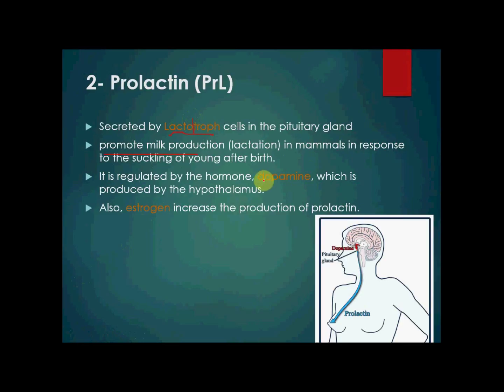This hormone is regulated by dopamine, and this is secreted by the hypothalamus. Estrogen also increases the production of prolactin. Estrogen also promotes the osteoblasts. It prevents osteoporosis.